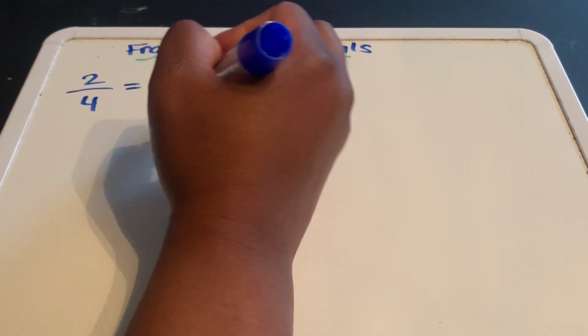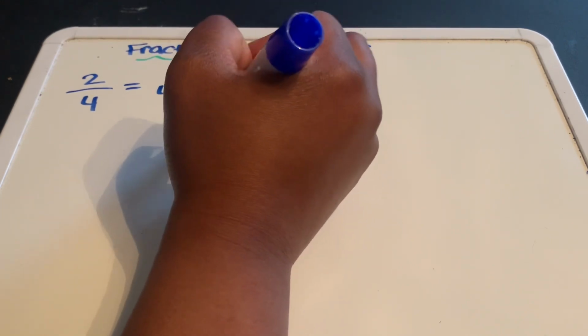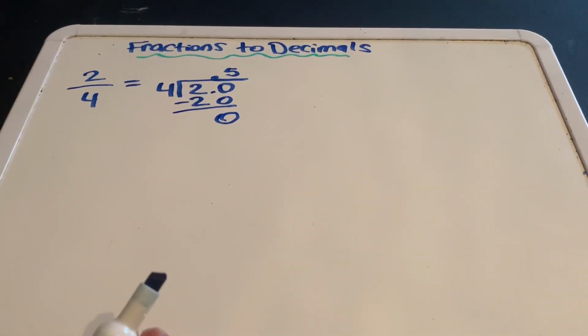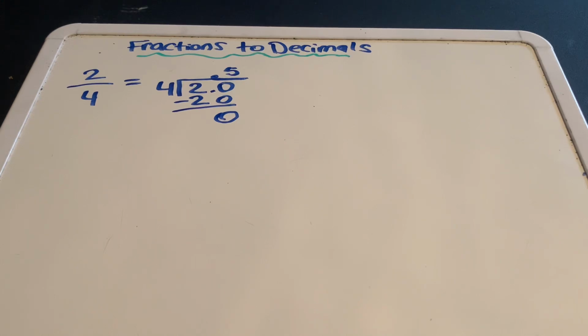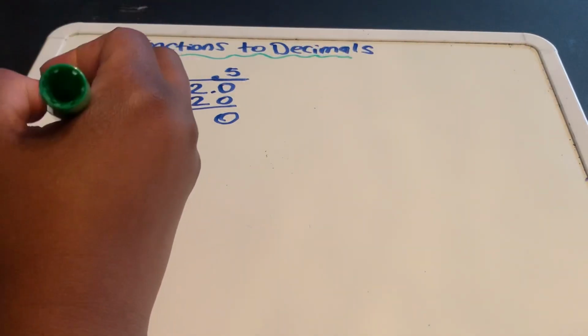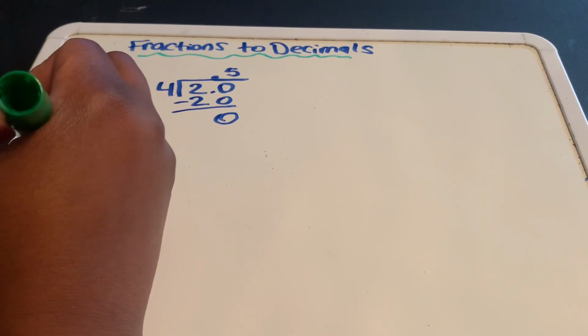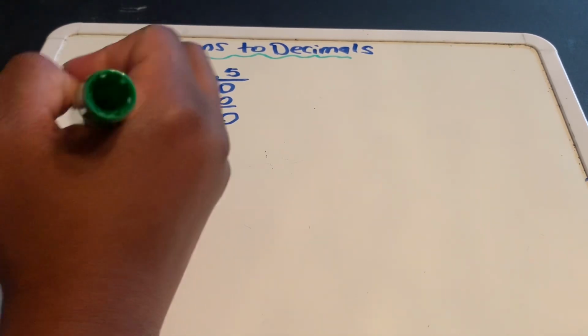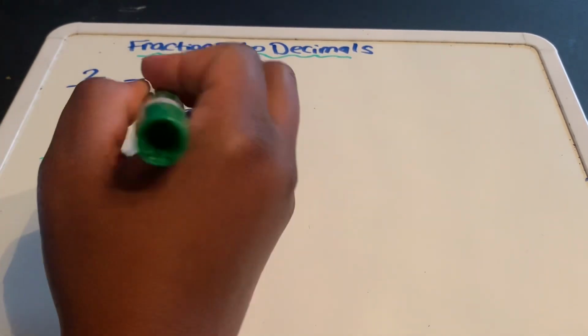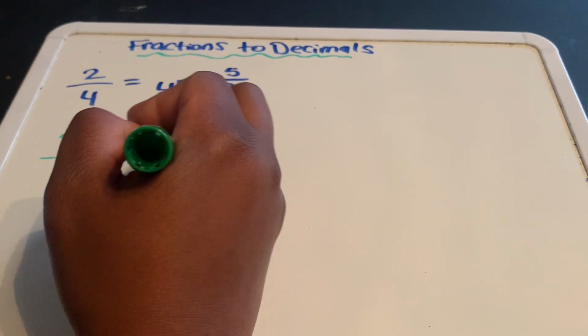And so we'll have a 5 after the decimal. Now that my hand is out of the way, you can see that. So I just added a decimal, added a 0, 4 goes into 20 5 times, and you do that subtraction, and that gets you 0. So when you want to convert 2/4 to a decimal, it is 0.5.